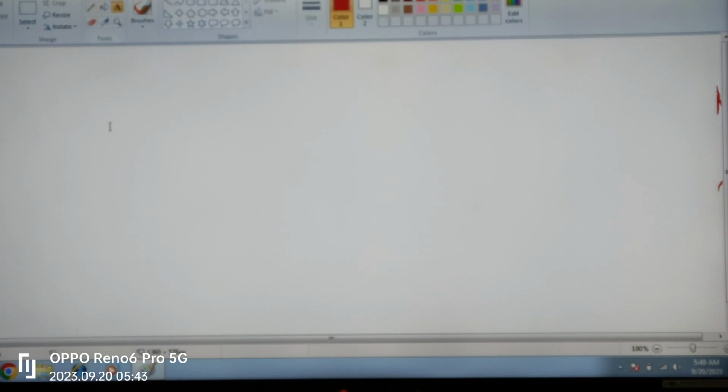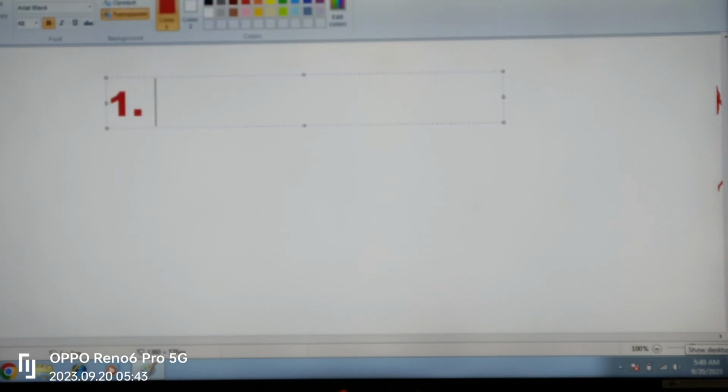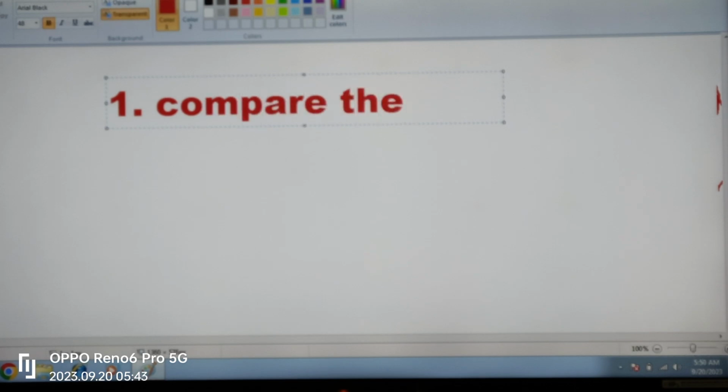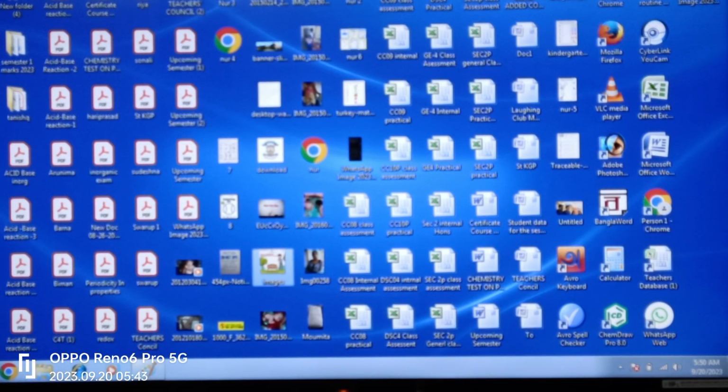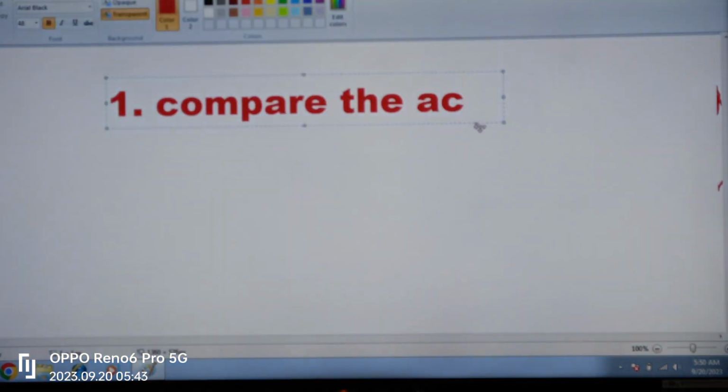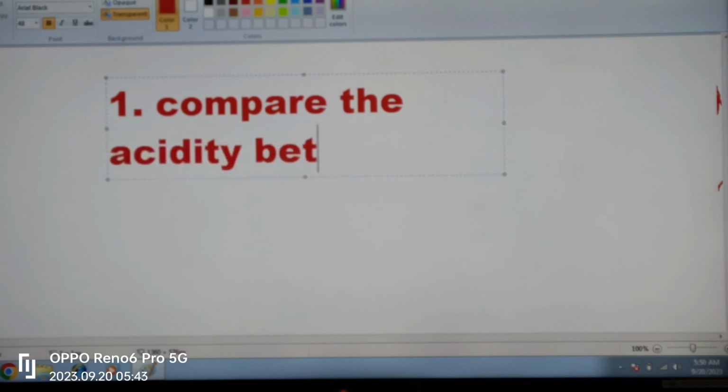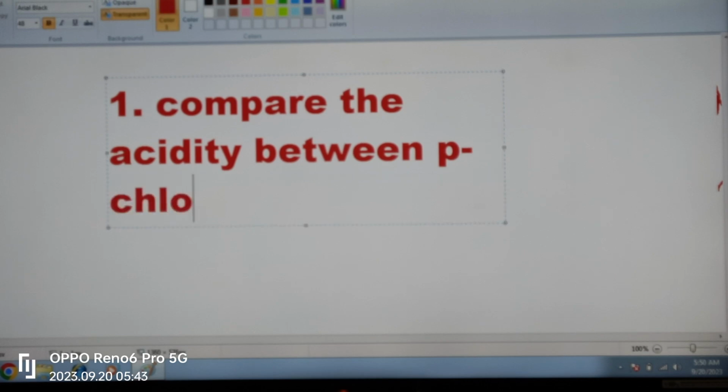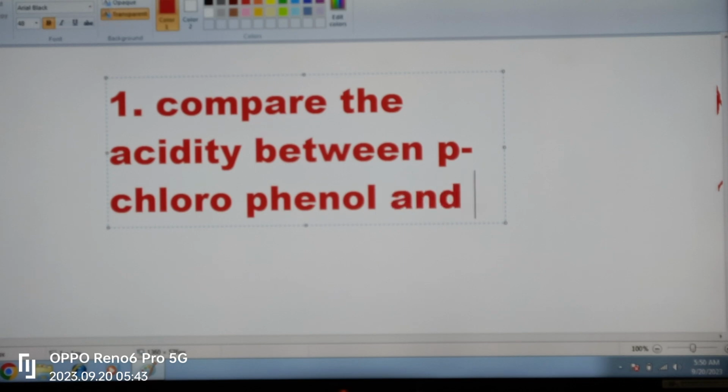Number one question is, compare the acidity between parachlorophenol and parafluorophenol.